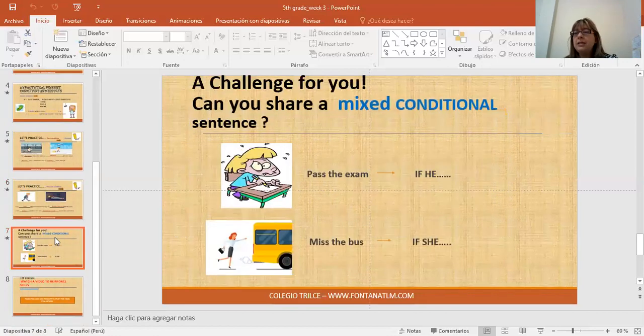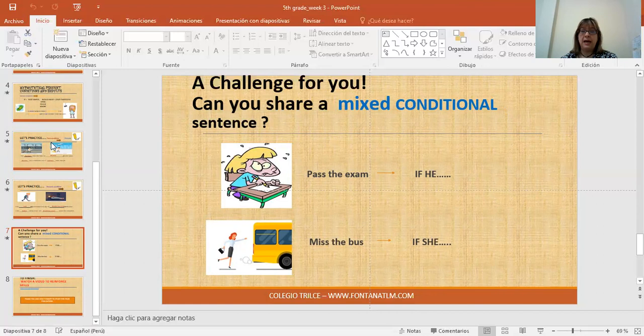Right here, I have a challenge for you, and I want you to practice a few exercises of both mixed conditionals of your own. Not because I am imposing something on you. No, I want you to do it because you want to learn. Can you share a mixed conditional sentence? Look at the images. Right here we have, look at the picture. Oh my God.